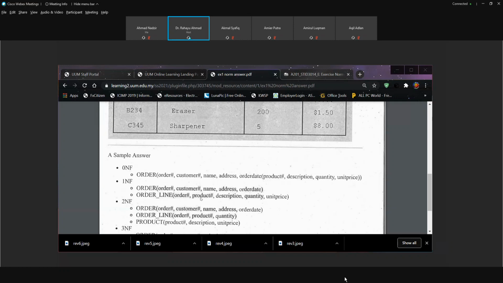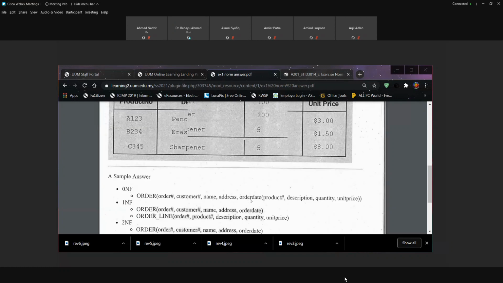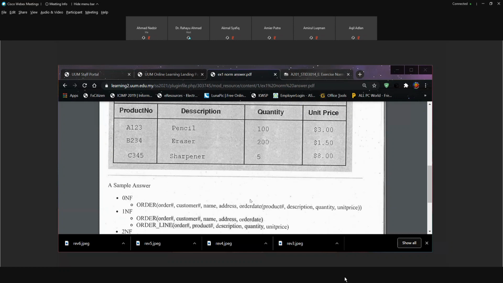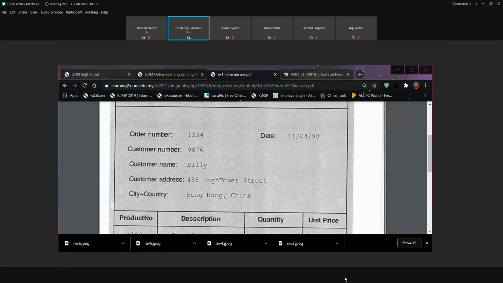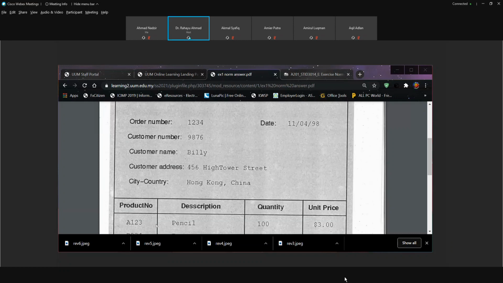Do you need both order number and product number to determine quantity? So kalau you tengok table ni, okay, so with order number and product number, you can know the quantity.